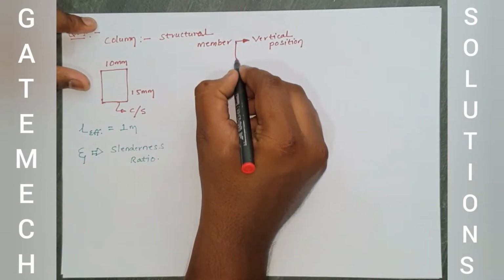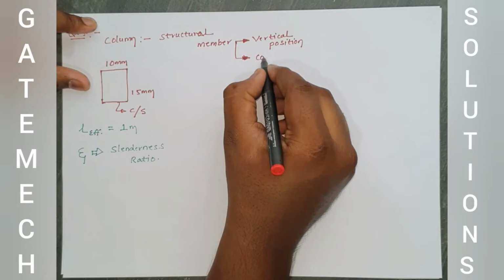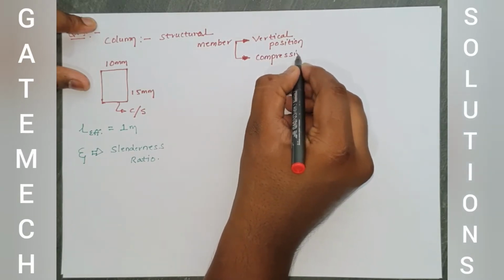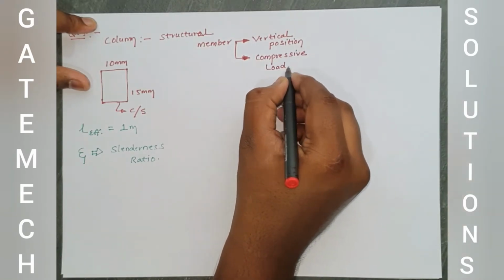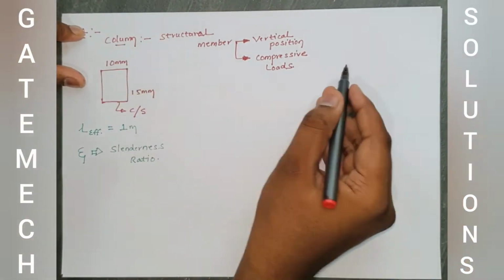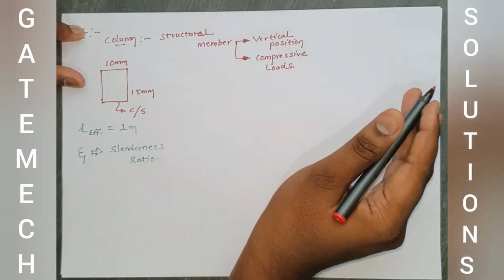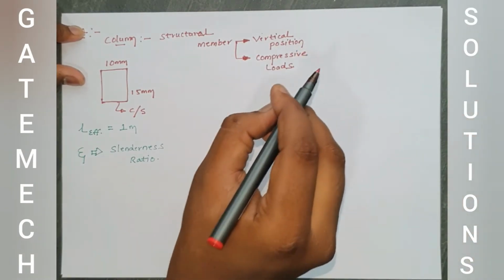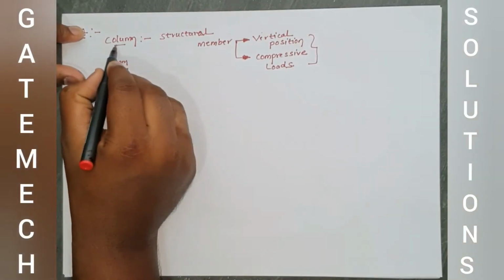And in a similar manner, it should always be subjected to axial compressive loads. Then only we can call it a column.